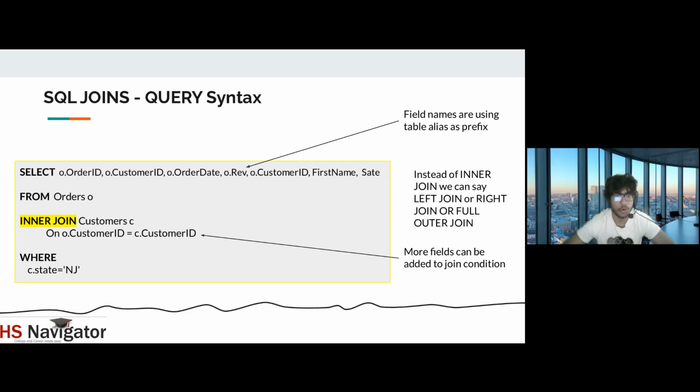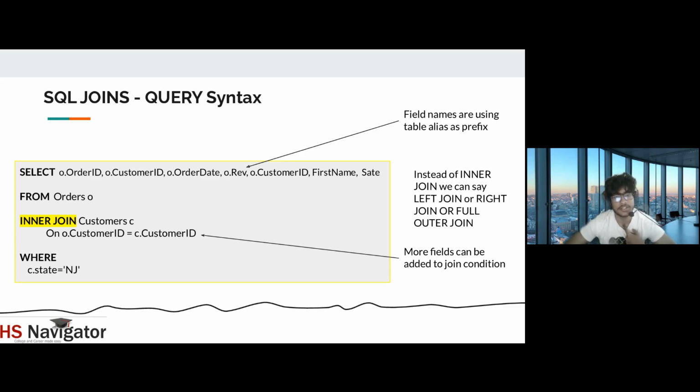And then from orders O, which is the first table, what we're going to perform is an inner join with customers C on O dot customer ID equals C dot customer ID.